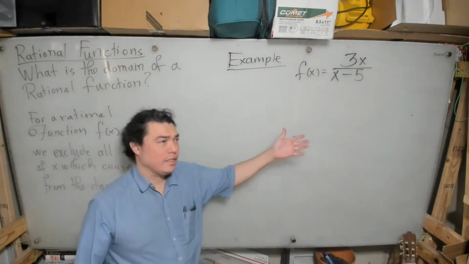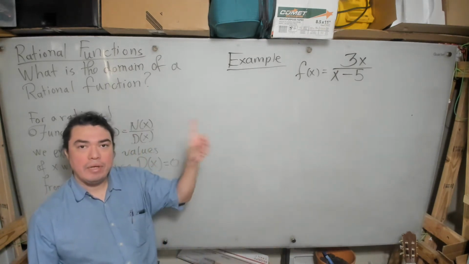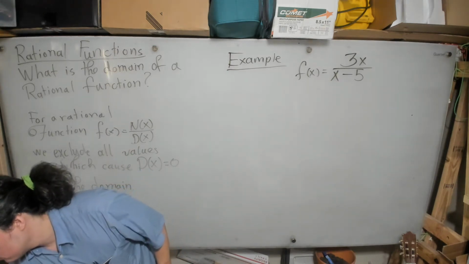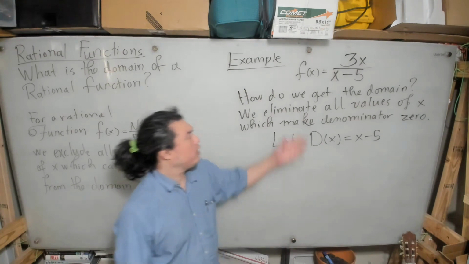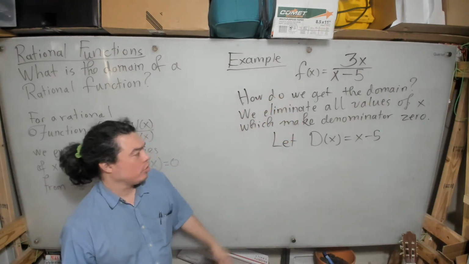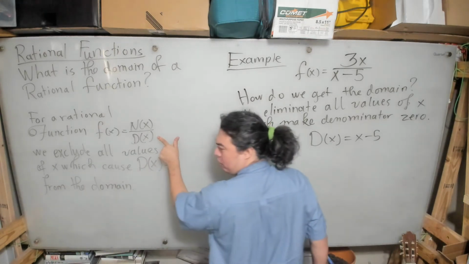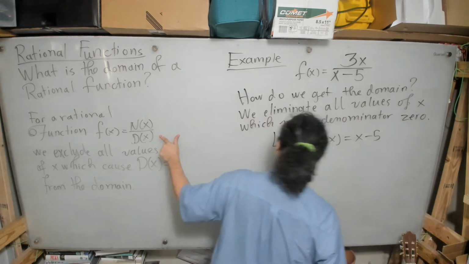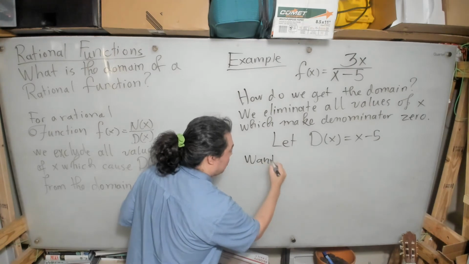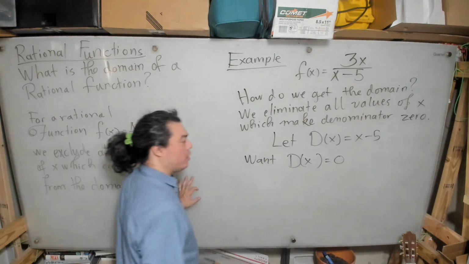So now we're going to look at this example. We want to find its domain. What are we going to do? We're going to eliminate all values of x that make the denominator 0. So if we let d of x equal x minus 5, in keeping with the notation of the denominator polynomial being denoted d of x, then we want d of x to equal 0.